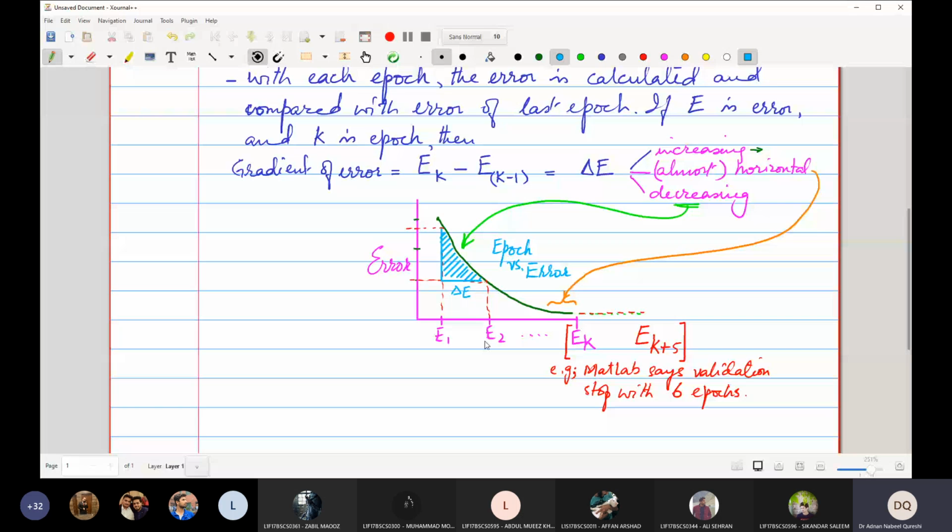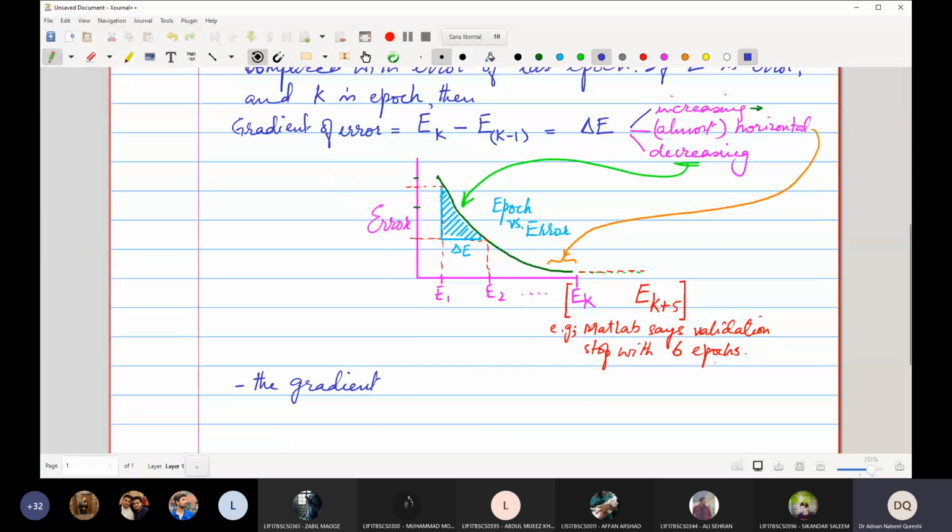So this error gradient gives us the information of how much we are drifting away, and the gradient information has to be propagated backwards.